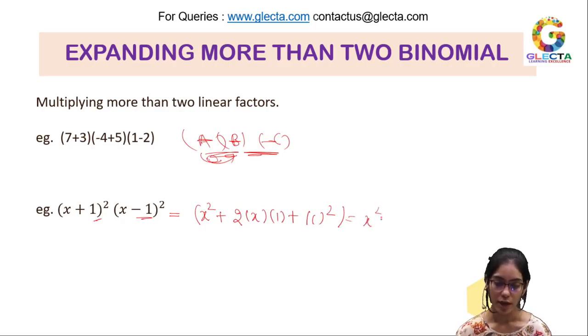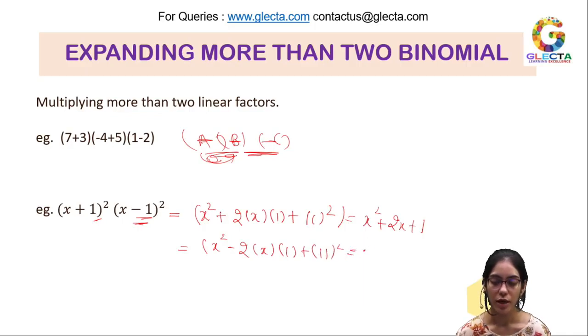So this will be x square plus 2x plus 1, and this bracket will be a square minus 2 into a into b plus b square. So this again will be x square minus 2x plus 1, and what we are doing is multiplying both, x square plus 2x plus 1 into x square minus 2x plus 1.